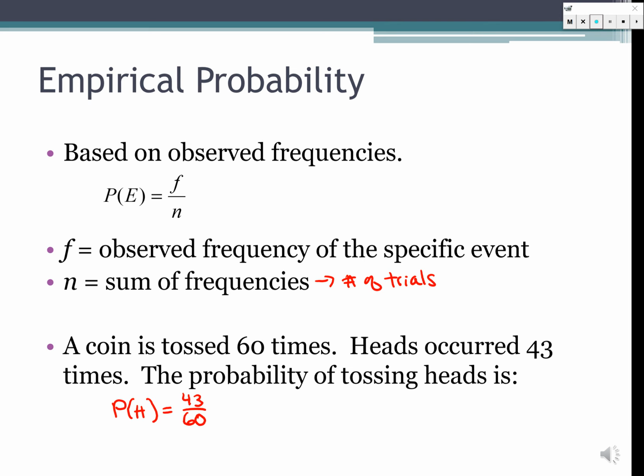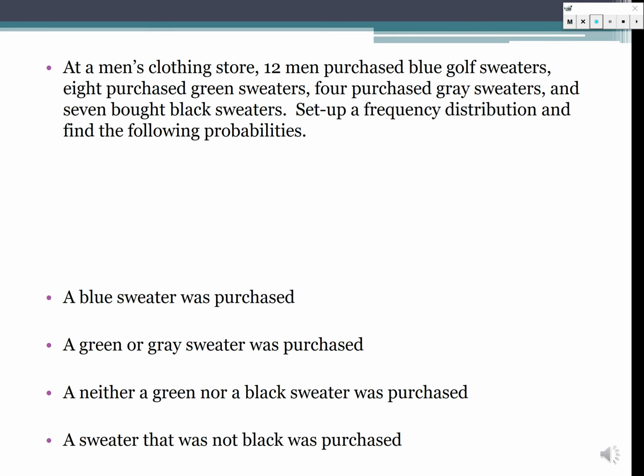Now, to give us a little bit different look, we're not flipping a coin, we're not rolling a die. We're looking at some information collected from a men's clothing store and what was purchased. Just an idea for you, you can set up one of our little frequency tables.